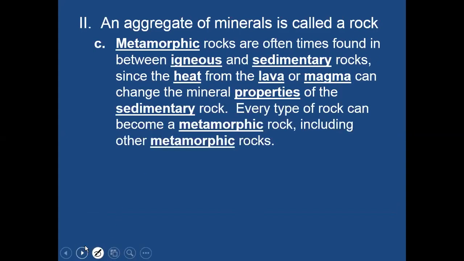So metamorphic rocks are oftentimes found between igneous and sedimentary rocks because the heat from the lava changes the mineral properties. So basically, as the lava is over top of it, it's going to change the top layer of the sedimentary rock from the heat and then the pressure of all that new weight pushing down on it. And so we'll often see metamorphic rocks there.